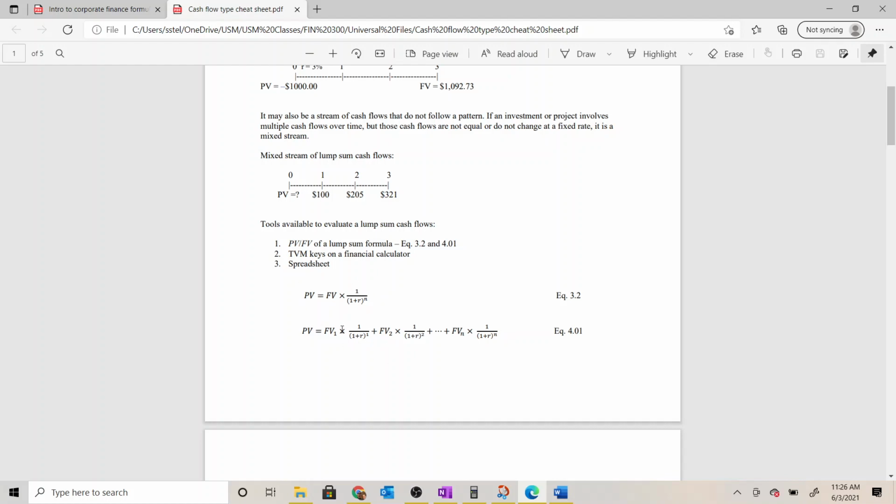So equation 4.01 is really just using equation 3.2 over and over again and summing those present values once you've done it. Okay, so we'll start with the formula solution. We can also see that the financial calculator is available to us, and we'll look at that solution as well. Let's start with the formula solution, though, and we're going to use equation 4.01 for this.